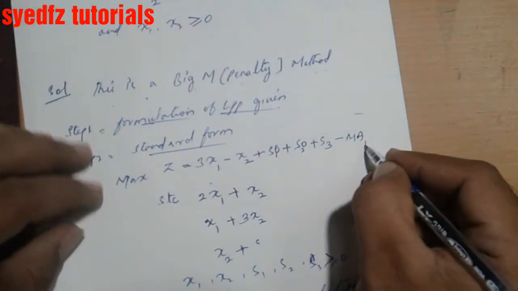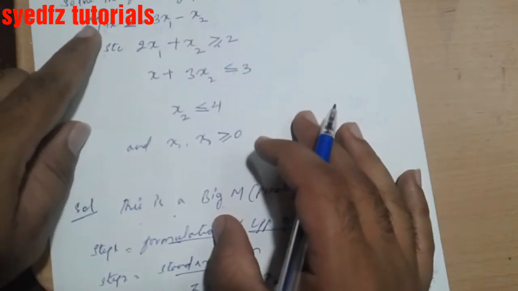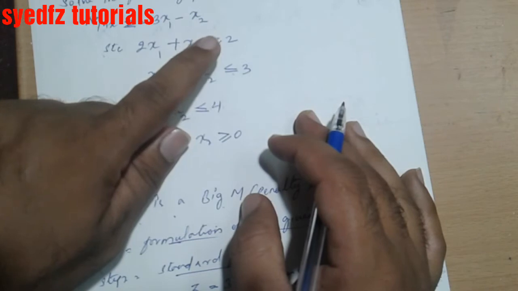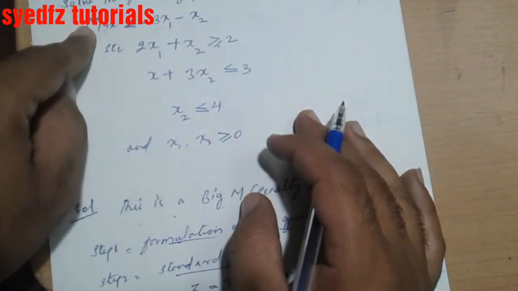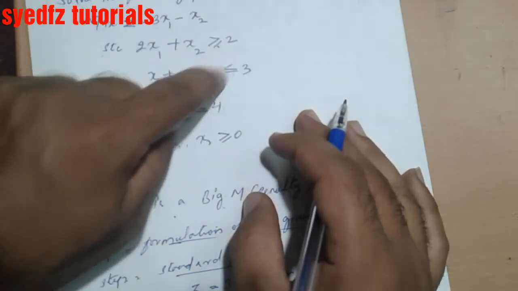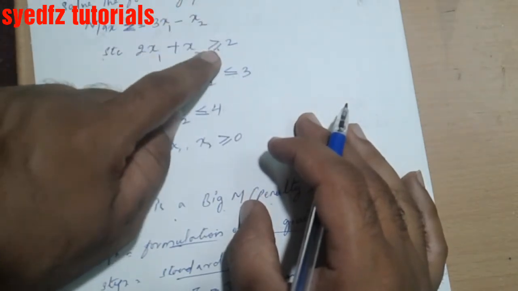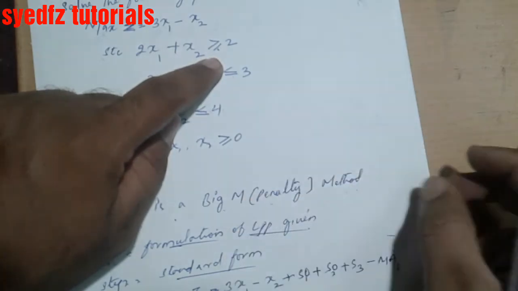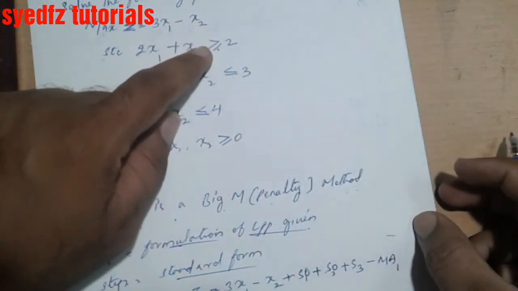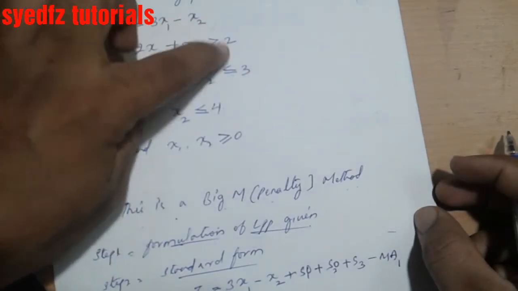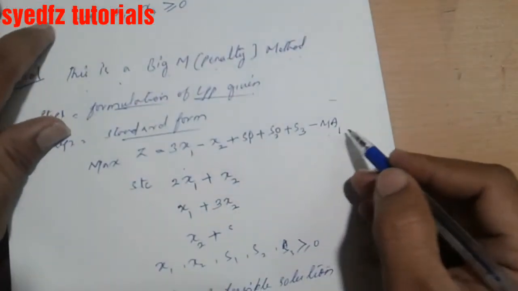Whenever in a maximize problem, all equations should be in less than values, but if it is given in greater than, then it is also known as a minimum case. So for that purpose of minimum, meaning greater than, we take minus MA1.